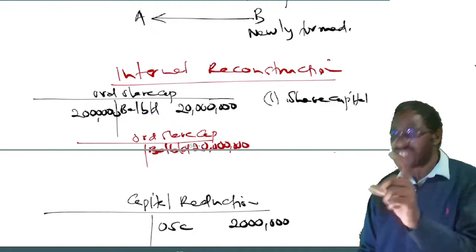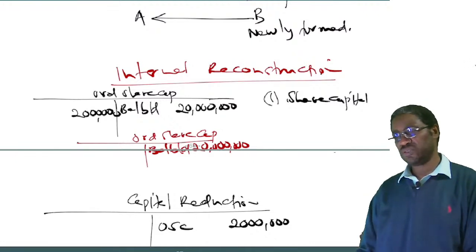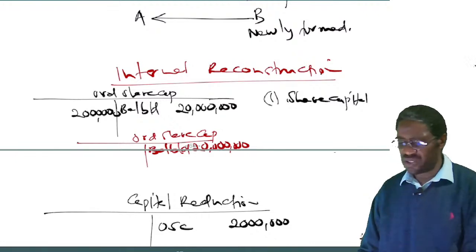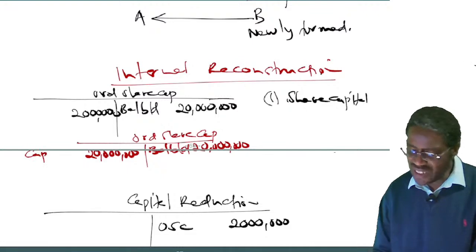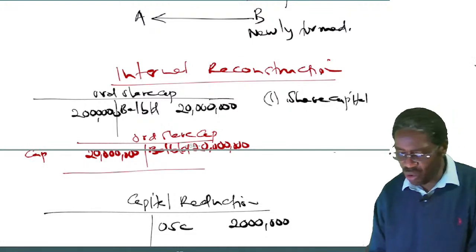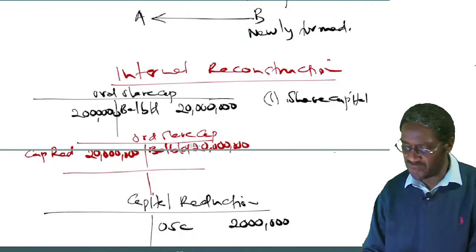These guys decided to cancel that share, so it is obvious you will debit ordinary share capital by 20 million and you will credit again this account called capital reduction.